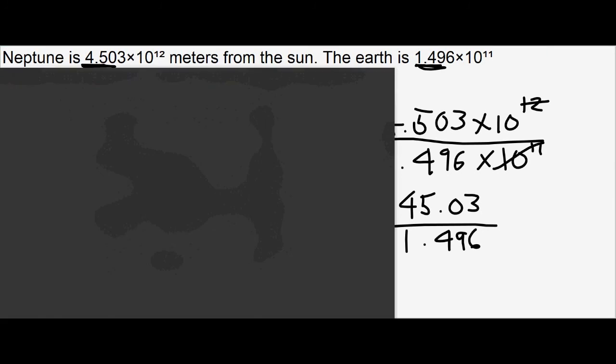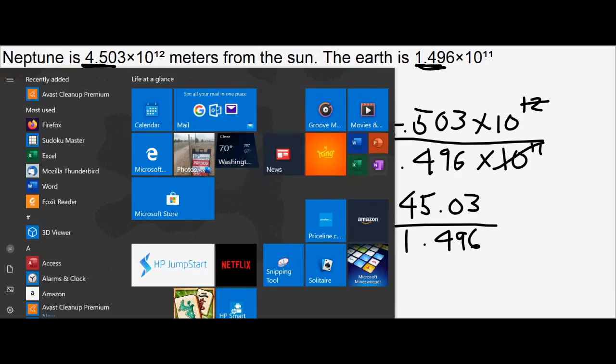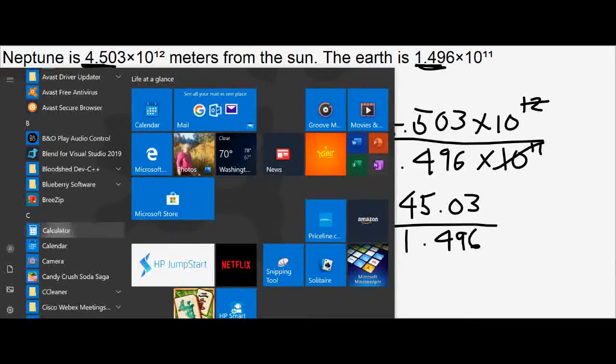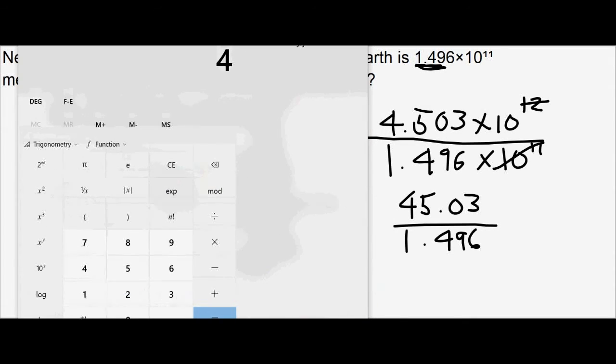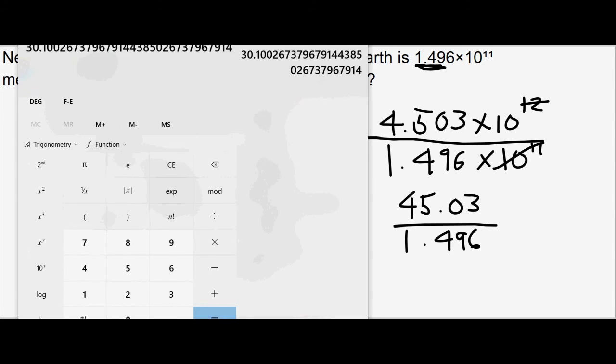Now, I'm not going to try to do this part in my head. I'm going to bring up my calculator. 45.03 divided by 1.496 gives me 30, actually 30.1. And I'm going to write 30.10 because each of the numbers has 4 what we call significant digits in it.